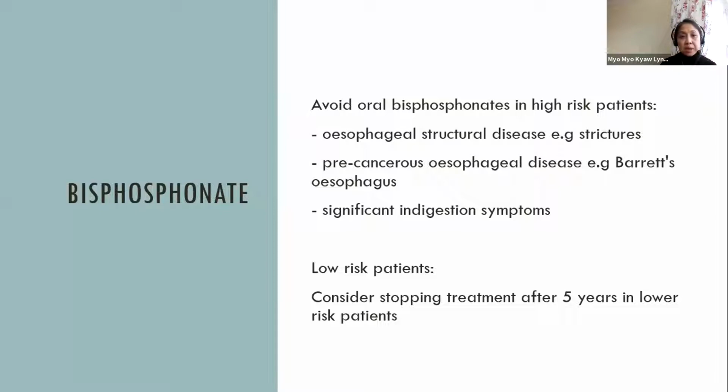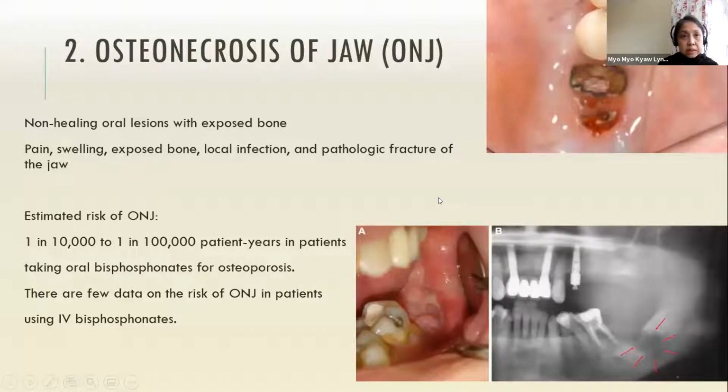So we had better avoid this. If the patient is low risk, after 5 years we make sure we stop the medication, then repeat the DEXA scan and see whether there is any indication to continue the treatment beyond 5 years. So this is with esophageal cancer.